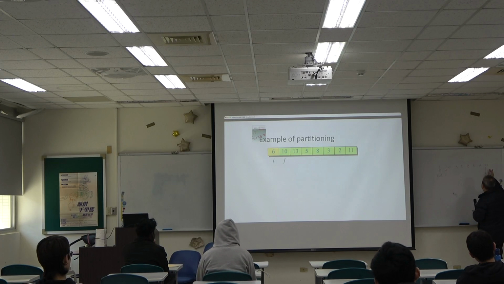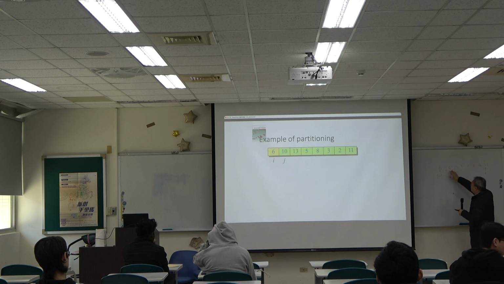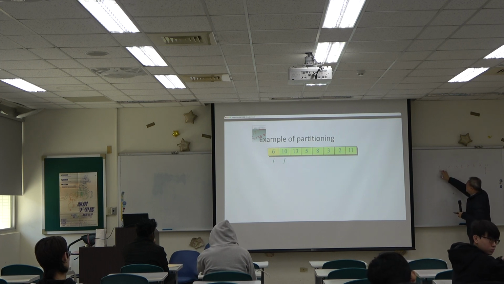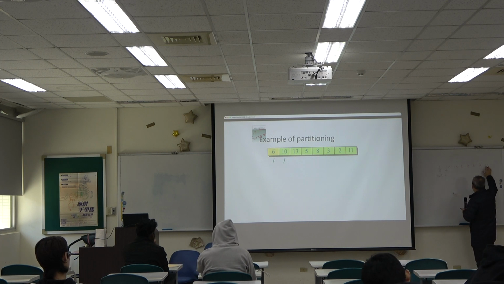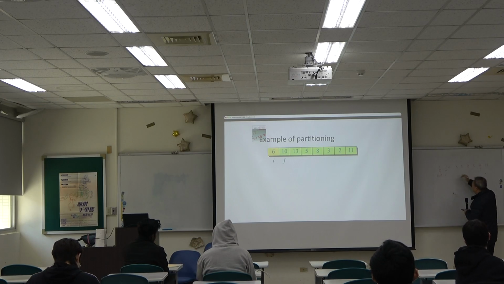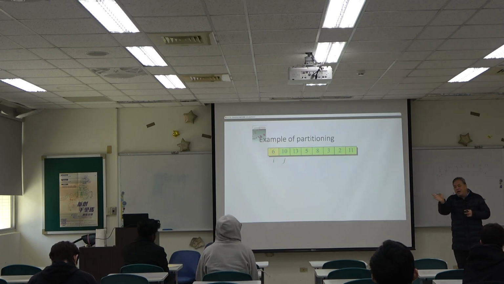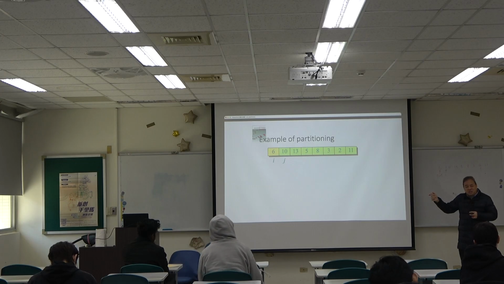We start from the right side. We basically just try to compare the elements with 6. So if this is 11, right? We start from here. 11 is greater than 6, so we move to here. 2. Okay, so the left side is moving to the right, the right side moving to the left.